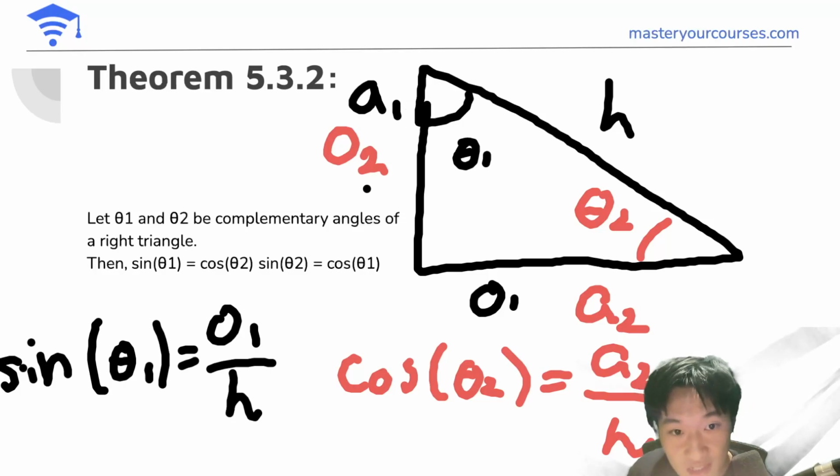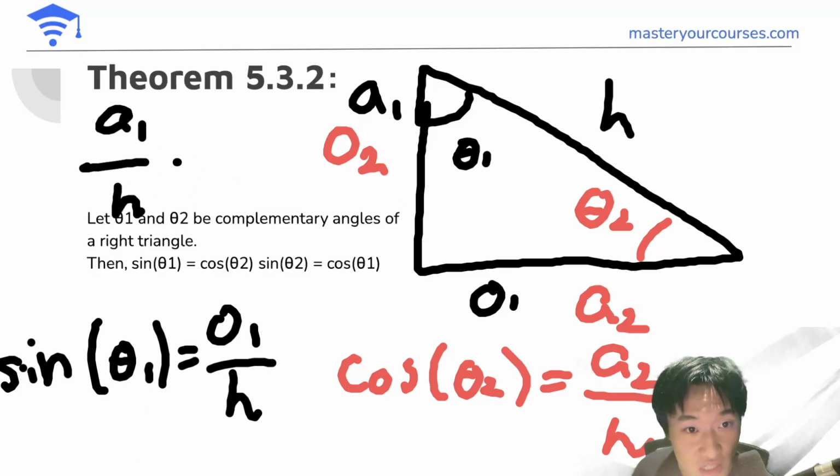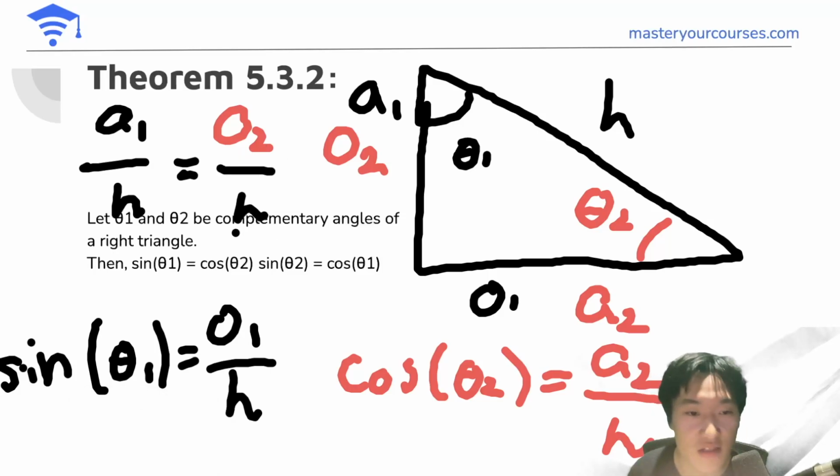The opposite with regards to theta 2 is equal to the adjacent with respect to theta 1. So the ratio adjacent 1 over h is equal to opposite 2 over h, right? Because the hypotenuse is always the same. And we notice that the adjacent with respect to theta 1 is equal to opposite with respect to theta 2.